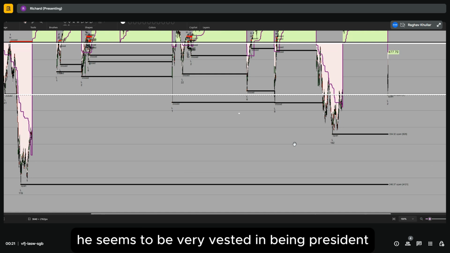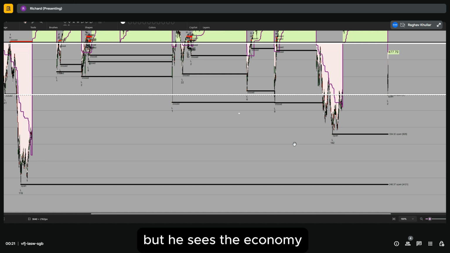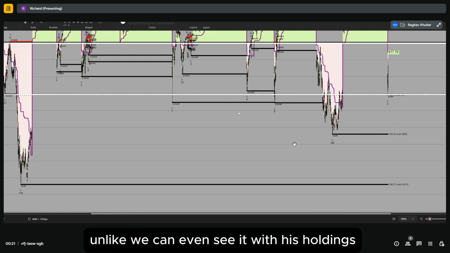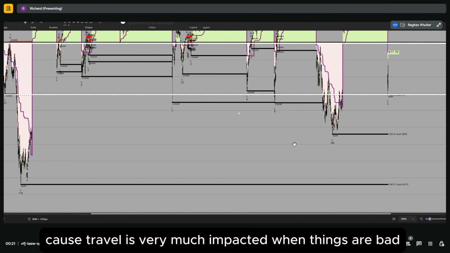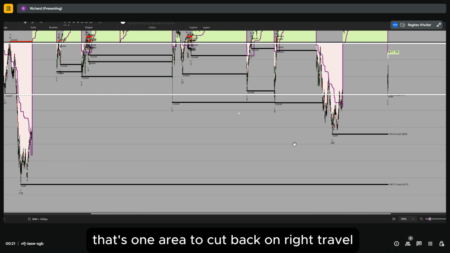He seems to be very vested in being president, but he sees the economy unlike we can even see it with his holdings, because travel is very much impacted when things are bad. That's one area people cut back on, right? Travel.